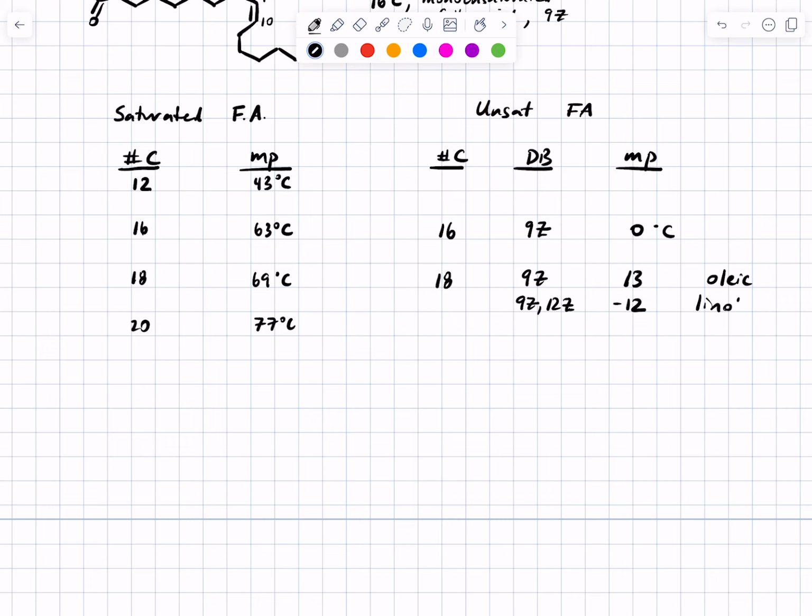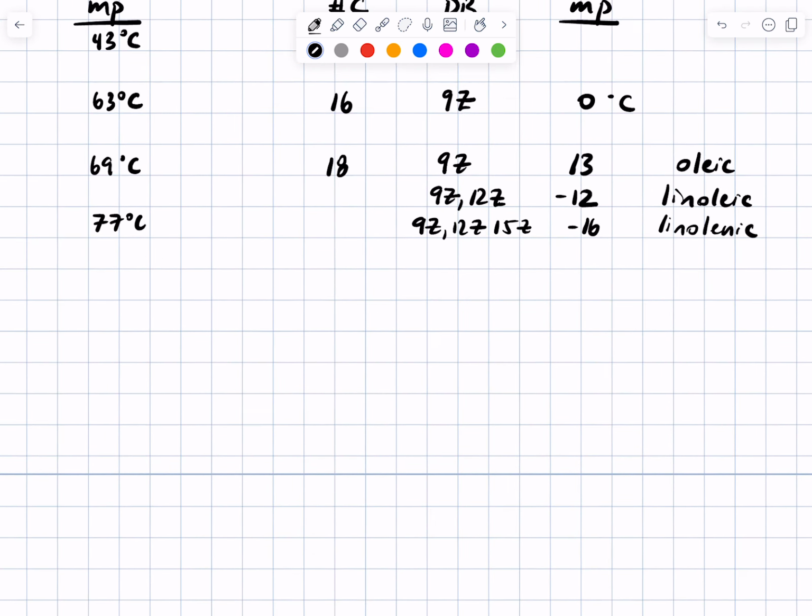It's called linoleic. If you have three double bonds, that's 9Z, 12Z, and 15Z, that's also a liquid even below 0, and that's called linolenic acid. Naturally, as I'm writing this down, some of you want to know, are you expected to memorize those names? No, but you may hear them in your day-to-day life, and so we'll talk about them.